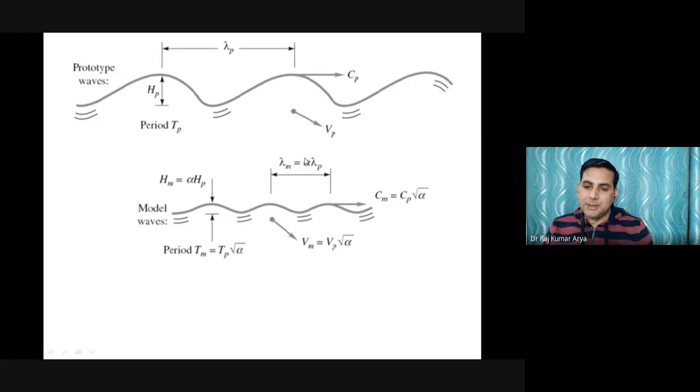The velocity here corresponding to this has changed by the same factor. The height of the crest has also changed by the same factor. So whatever parameters are there from the model are changing by the same factor.